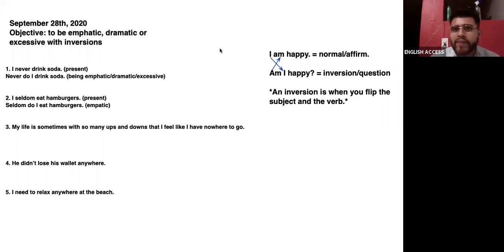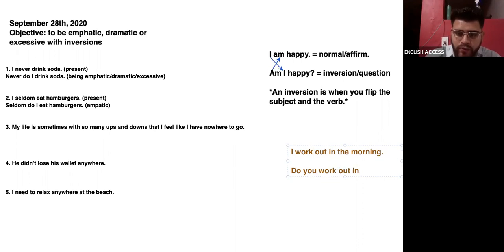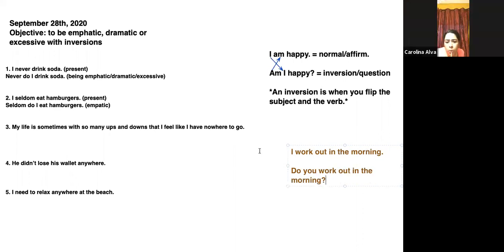Because what if we have a question in the present? Like I work out in the morning. My question would be, do you work out in the morning? Do you work out in the morning? It's an inversion question.